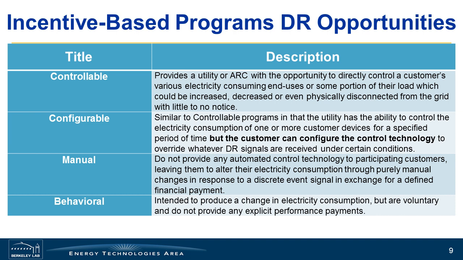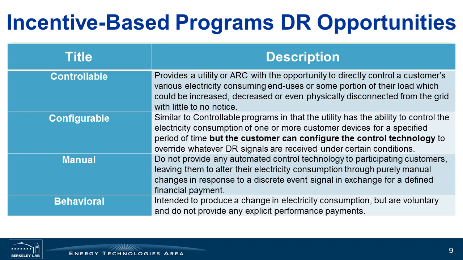There is a financial payment typically associated with these manual type programs, not in all cases, but typically. And then the behavioral component, there's no explicit performance payment, but this can be thought of as something like Flex Your Power, which is California's behavioral program that tells customers to eliminate any discretionary load, but there is no financial payment associated with that.